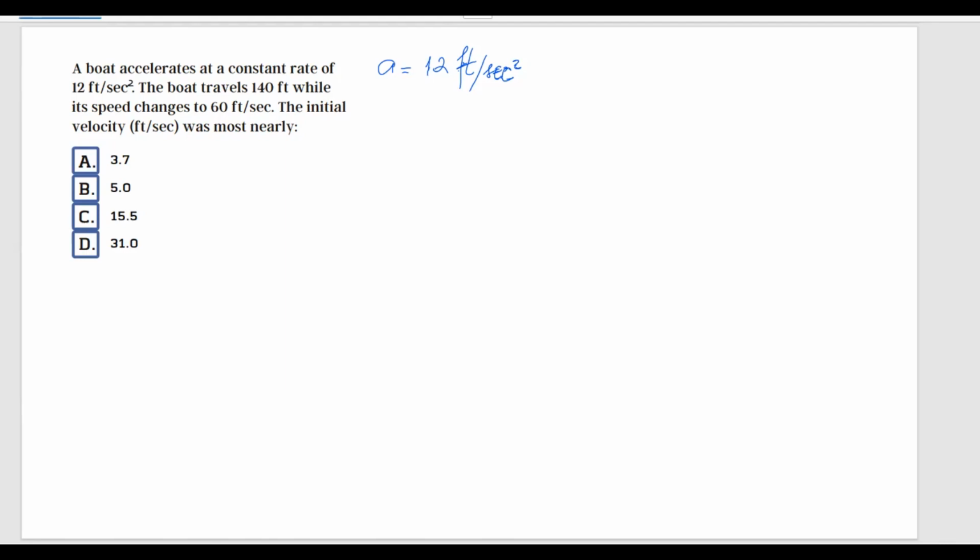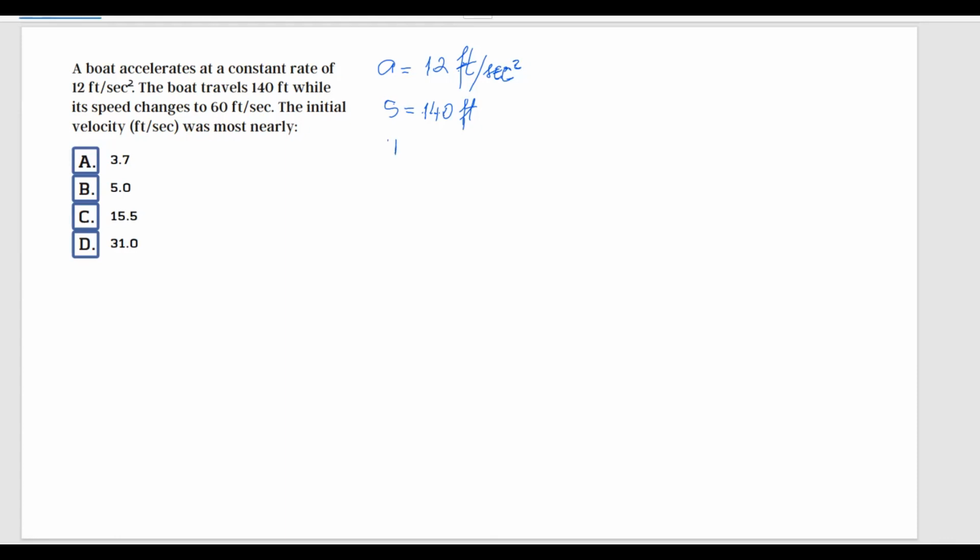So we have distance equals 140 feet. And then we're given this information that the speed changes to 60 feet per second. So the boat starts at a certain speed and then it changes to 60 feet per second.